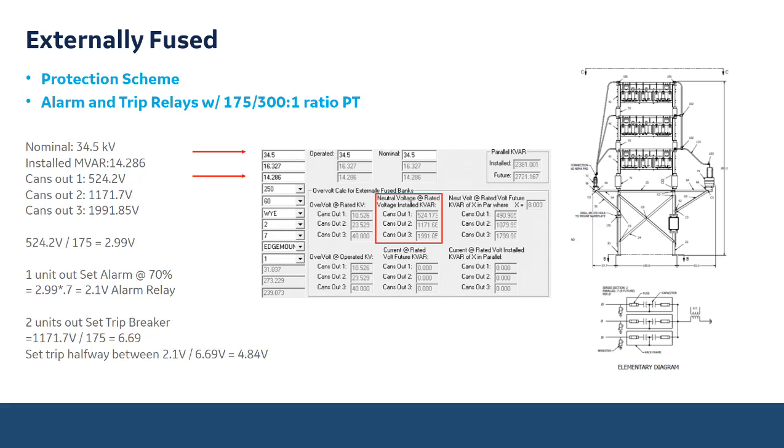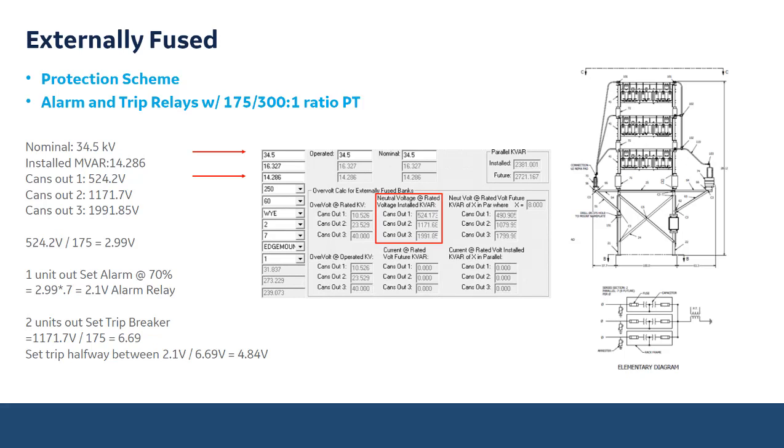Generally, we set that alarm at 70%, so 2.99 volts times 0.7 for 70%, so your alarm relay will be set at 2.1 alarm. Now, if 2 units go, at that point, you have a pretty significant issue on that capacitor bank, so that will drive to trip a breaker.